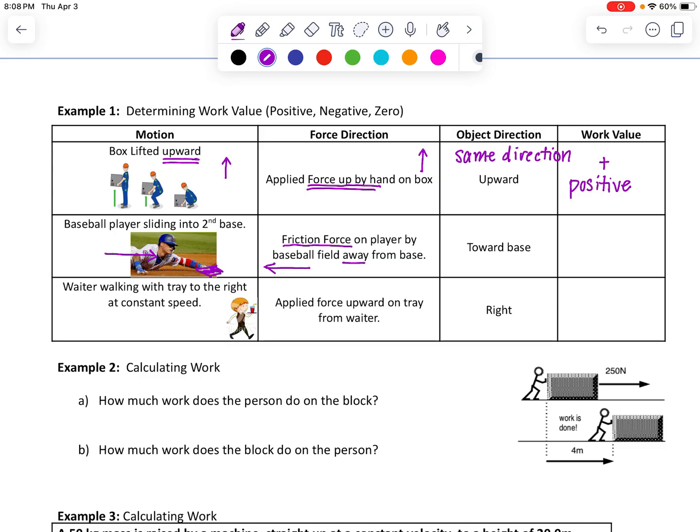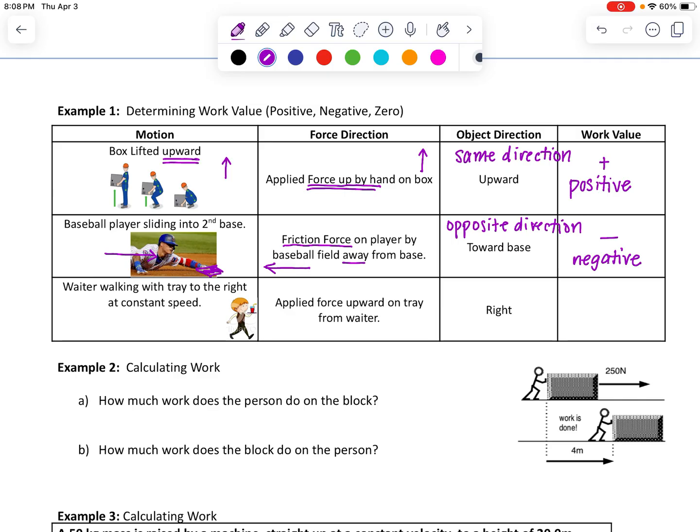So if the player is moving to the right, the friction force is to the left. This is the opposite direction, and if it's the opposite direction, then it will be negative work. If the direction of the force and the motion are opposite of each other, then it will be negative work.